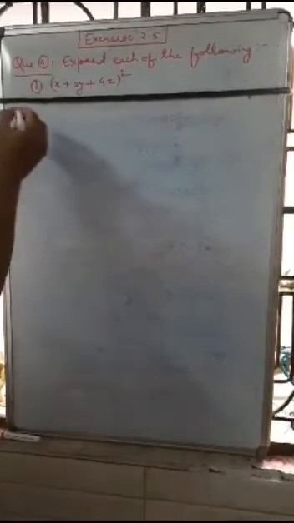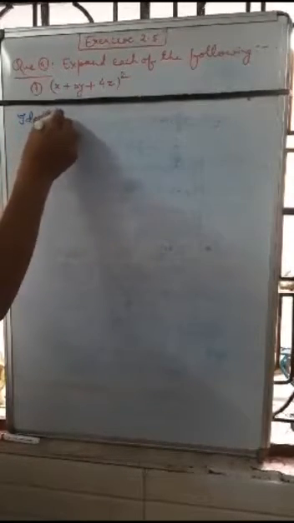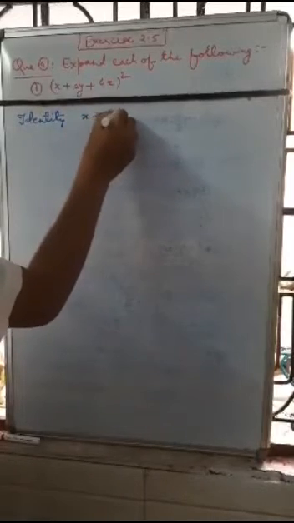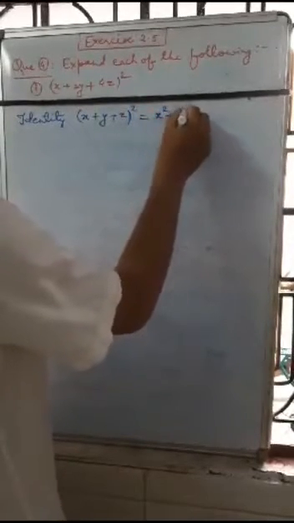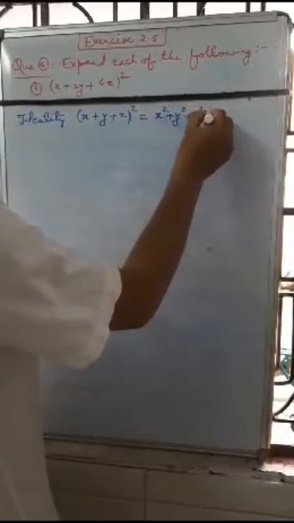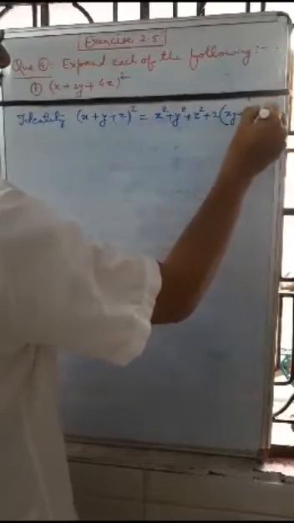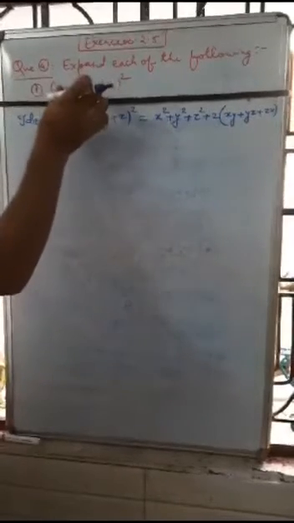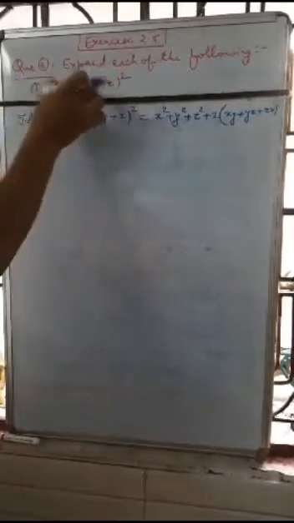The identity everyone knows, which I have taught you, is x plus y plus z whole square. The identity is x square plus y square plus z square plus 2 times the bracket xy plus yz plus zx. We will use this identity to expand this problem.